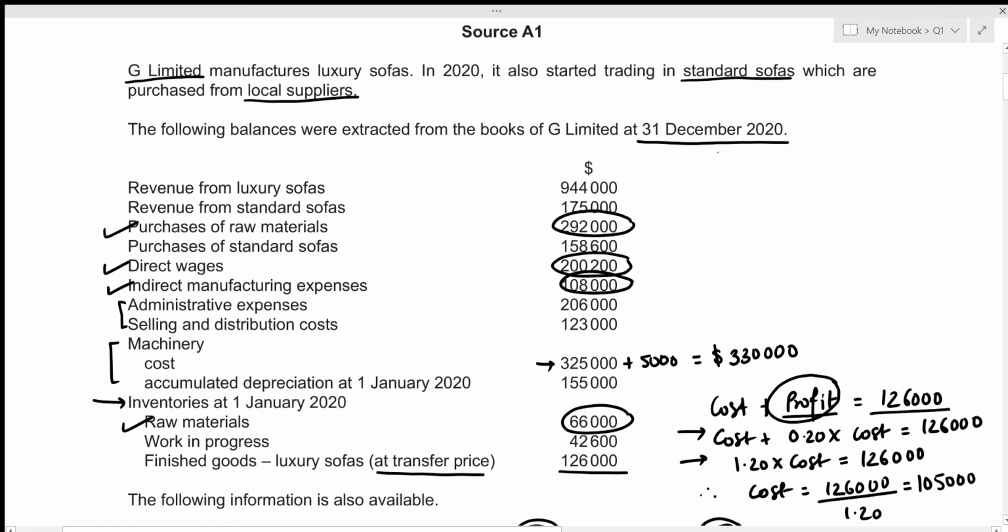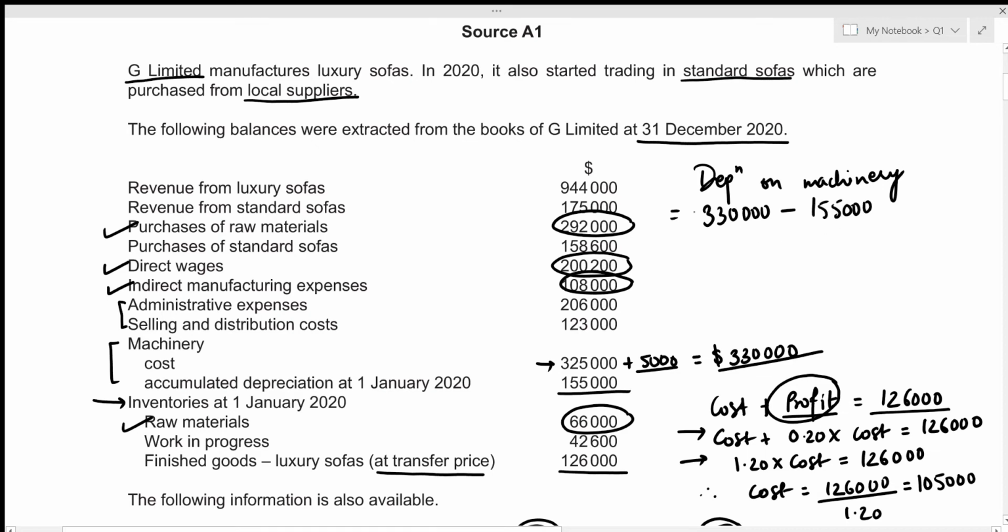So the depreciation charged on machinery is just going to be the cost, which is 330,000 after adjusting our installation cost of 5,000. So that's 330,000 minus our accumulated depreciation of 155,000.